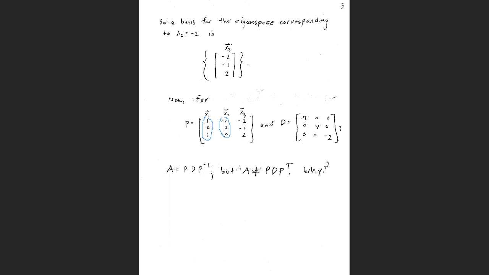Well, hold on. I want to ask you something here. Is the vector x3 orthogonal to both the vectors x1 and x2? In other words, is the vector x3 perpendicular to the vector x1?